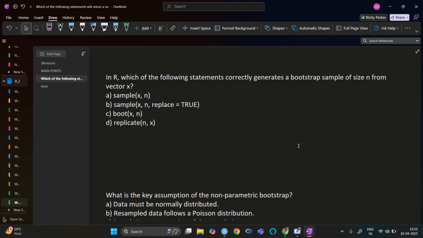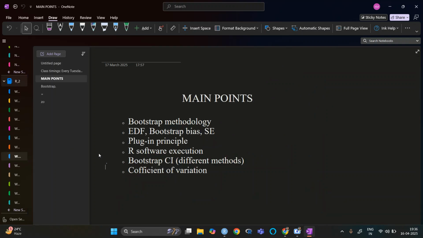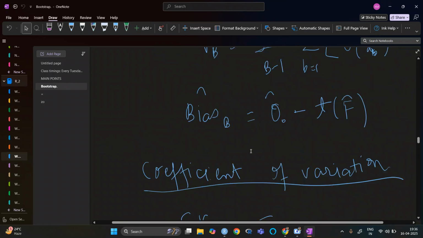What was that, bootstrap replicate sample? We replicate the samples, but how do we replicate? It was the boot command. No, that boot command is not there. We use what? Okay, so I have done till the strata, and we can do that after. So in the bootstrap methodology, what is its methodology?